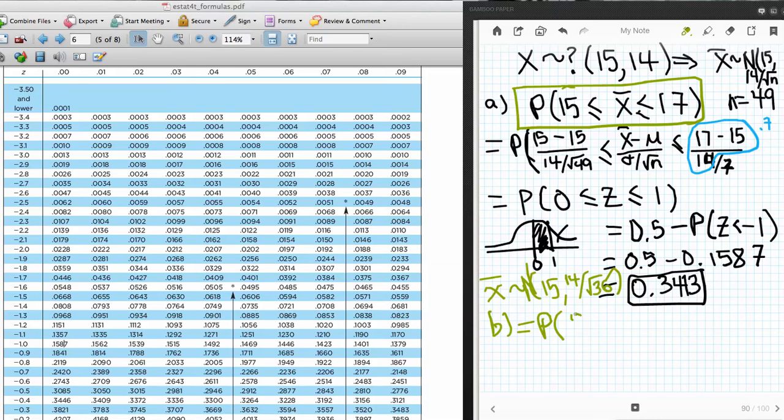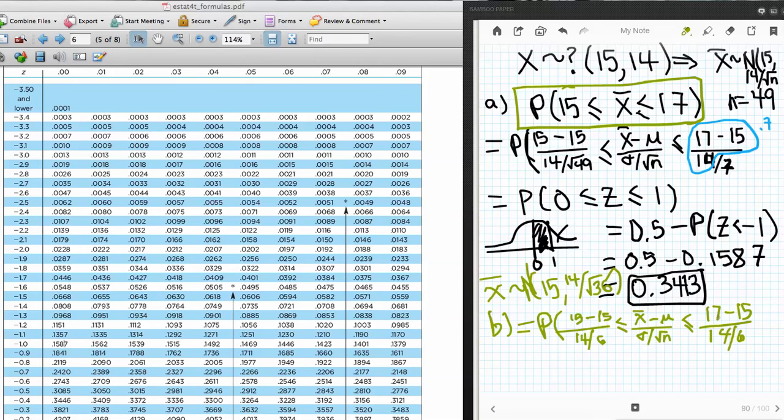So this time around I have 15 minus 15 divided by 14 divided by 6, which still doesn't matter on that side since it's still 0. It's my x bar minus my mean divided by my standard error, and then my 17 minus my 15 divided by 14, and then divided by 6.